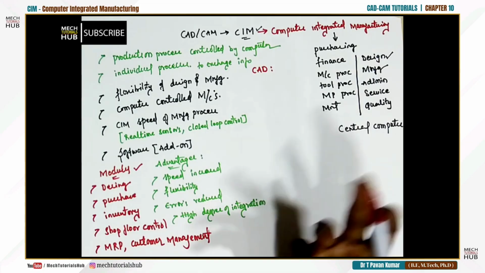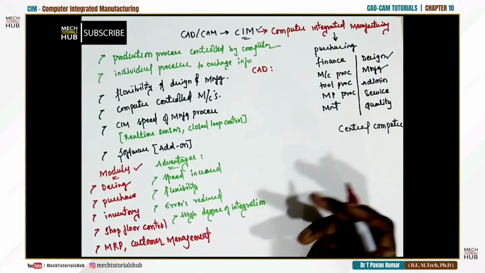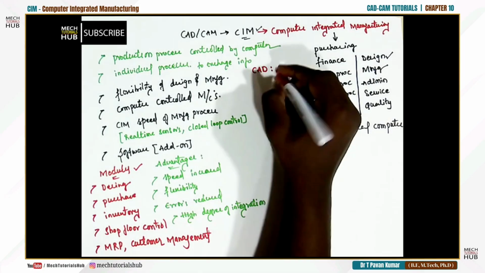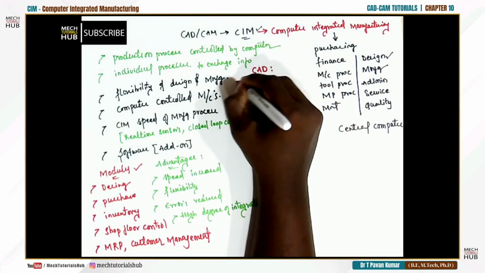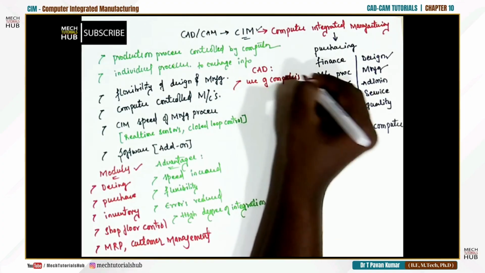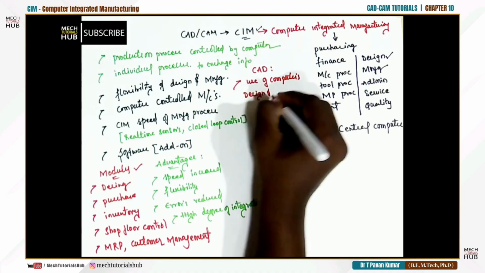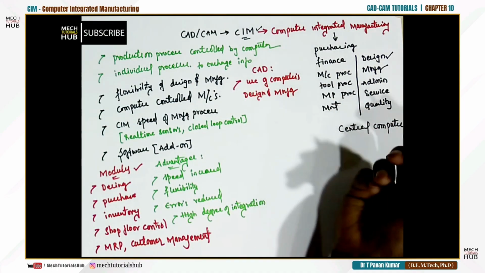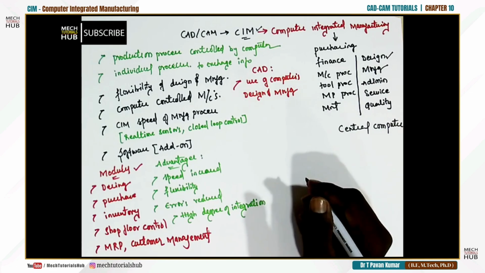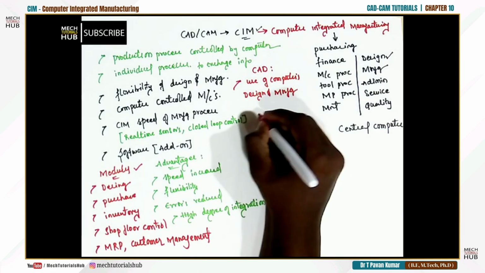CAD CAM is all about use of computers and software to make design and manufacturing more profitable. And CIM system is a philosophy, like I just mentioned here.